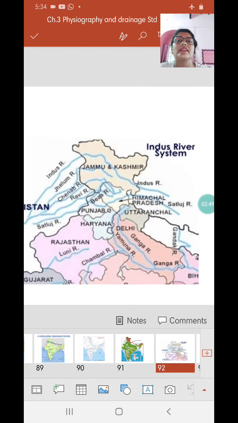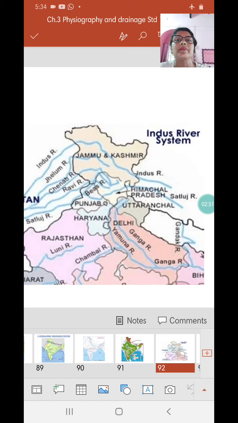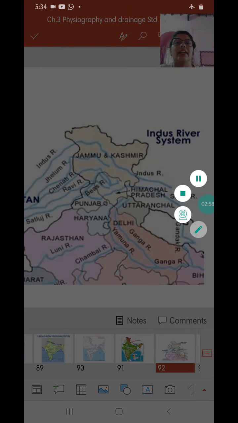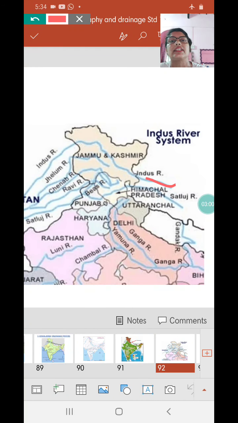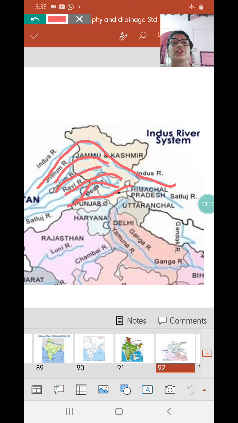Now, Indus rises near Mansarovar. It is joined by many other tributaries, like what you can see here in the picture. This is the Indus river rising near Mansarovar. Then you have Jhelum, Chenab, Ravi, Beas and Satluj.